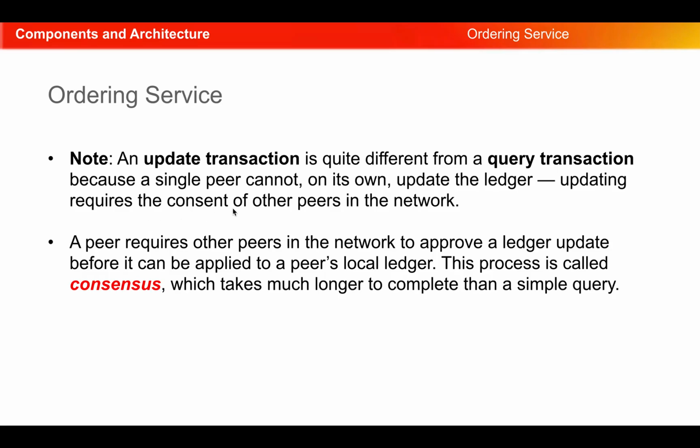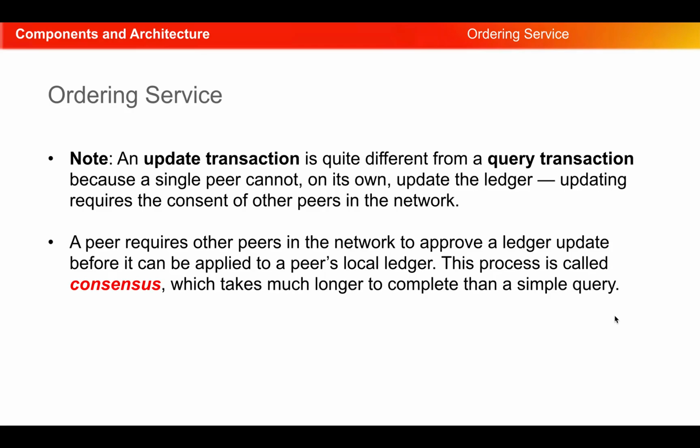Updating requires the consent of other peers in the network. A peer requires other peers in the network to approve a ledger update before it can be applied to the peer's local ledger. This process is called consensus, which takes much longer to complete than a simple query.